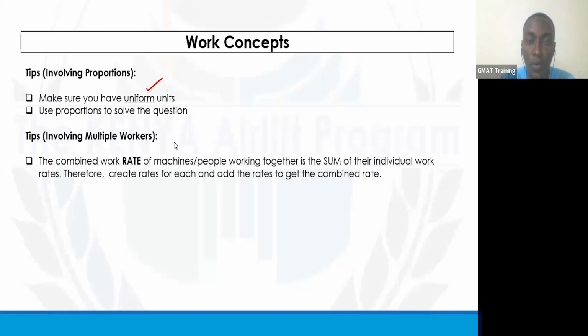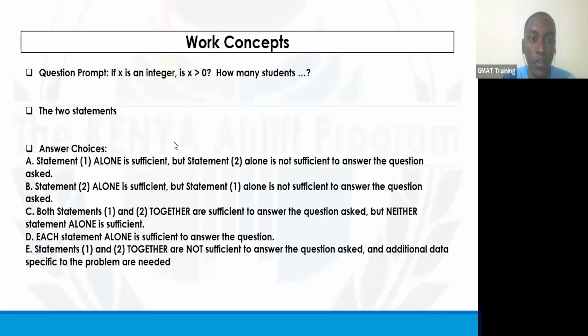That's how you find the rate using proportions, and that's the inverse of the time in most cases. So you create the rates, then add the rates together. Nothing else can interact with each other. It's only the rate. And with that in mind, now we can go through the structure of the DS question.